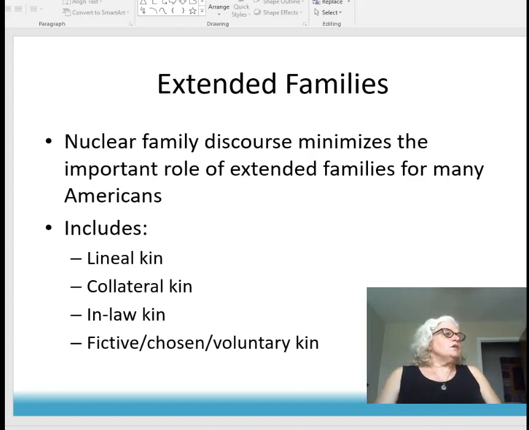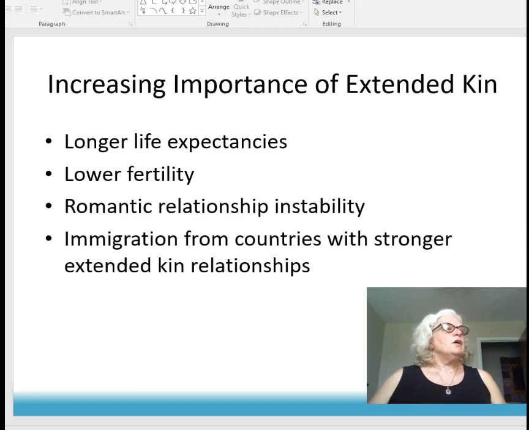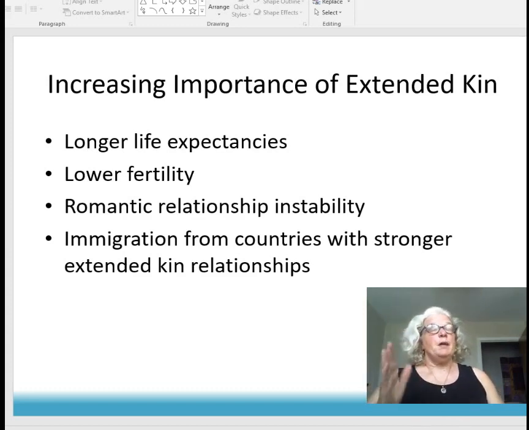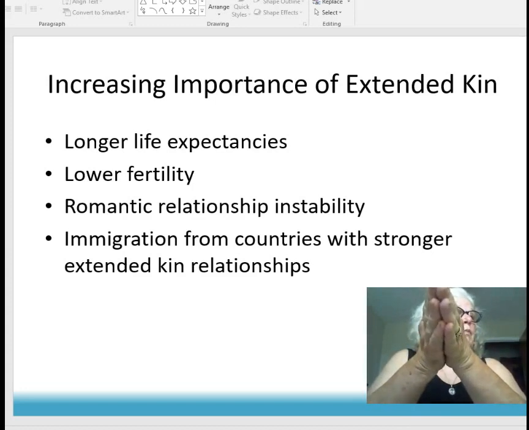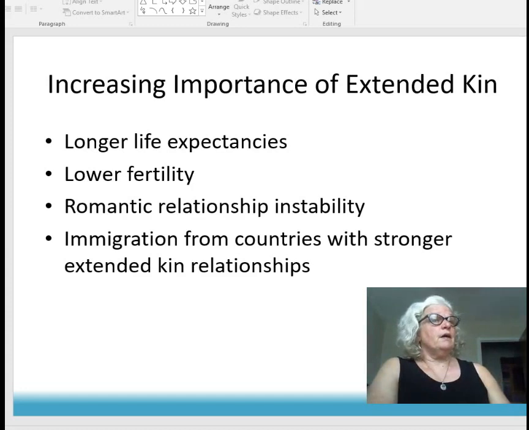Now, there are some racial and ethnic variations that come into place as well. We will find that our ethnic backgrounds may make it significantly different how we define family. There is increasing importance on this extended network or kin part of family. In the past, a couple was not necessarily considered a family because they didn't have young children.